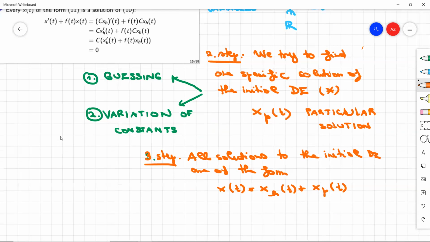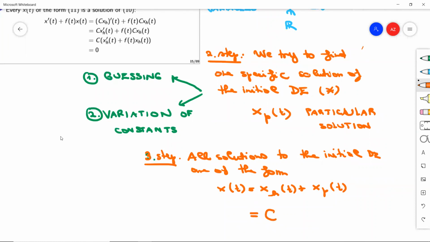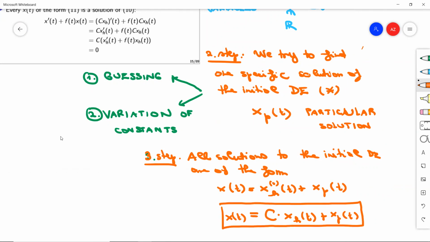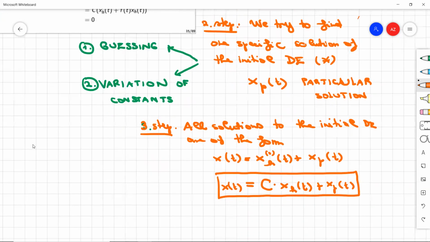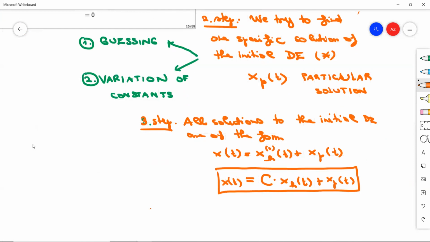So every solution is of this form: C times the homogeneous solution plus the particular solution. And this C is a constant. To determine C, we only need one additional condition.